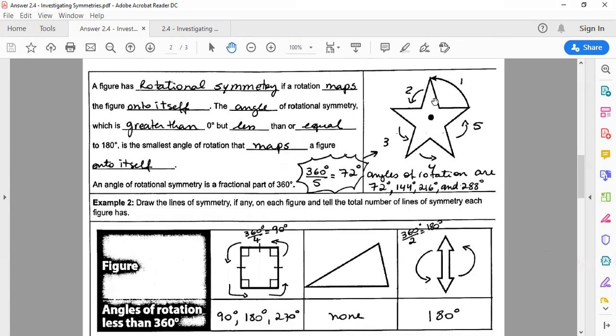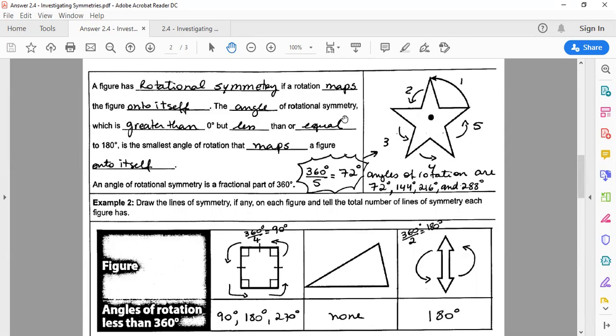If we look at this star over here, if I were to rotate it, as the arrow is pointing to the left, I can see that I would have another star. If I rotate it once, it falls right on top of that star. So this image has rotational symmetry.